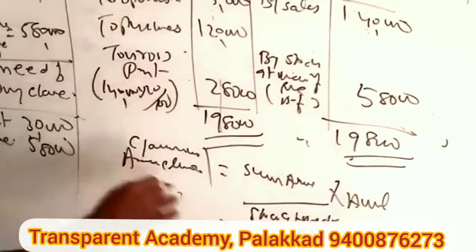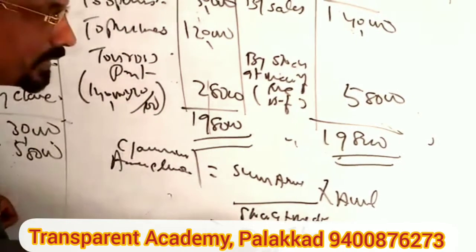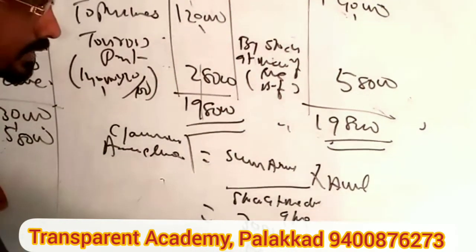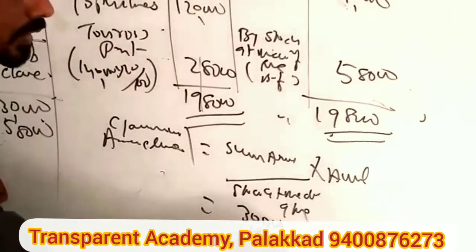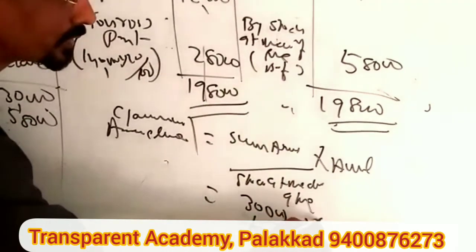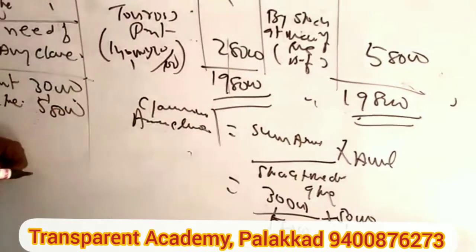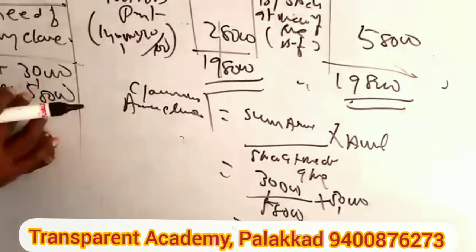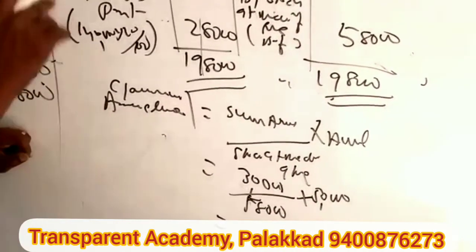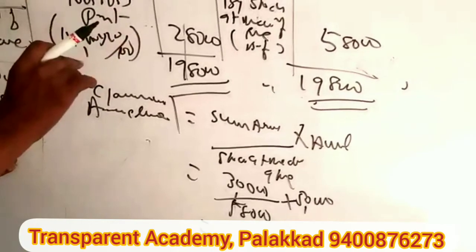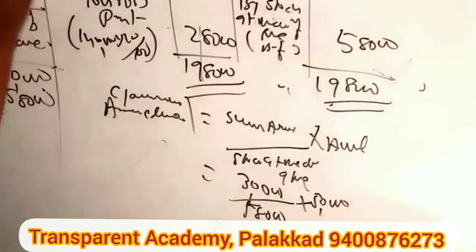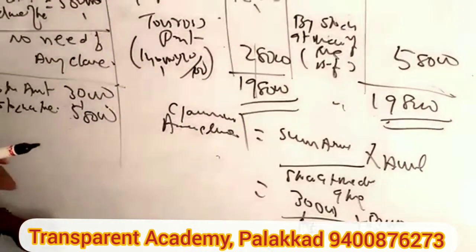Here the policy amount is 30,000, stock at the date of fire is 58,000 and actual loss is 50,000. You get an amount, and that amount is the claim to be submitted. And this is how average clause is applied in the case of a fire insurance policy.